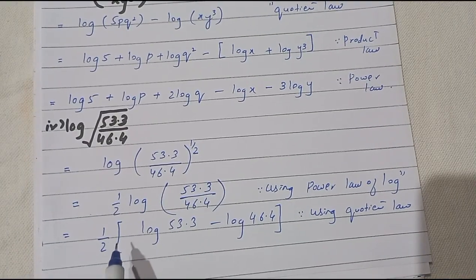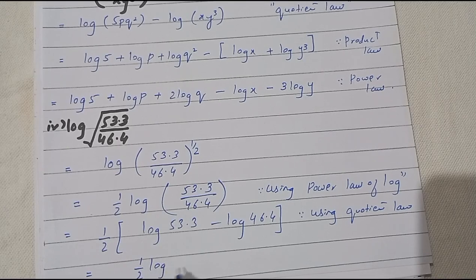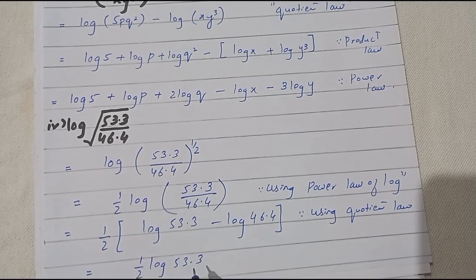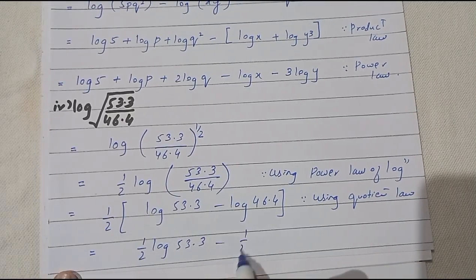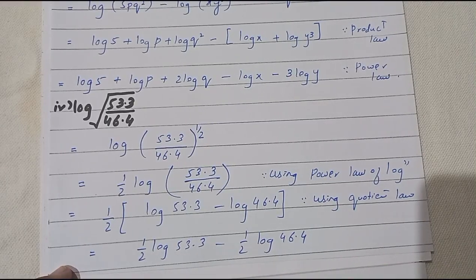So this term is with both log terms, so multiply separately with the log terms, that is 1 by 2 log of 53.3 minus 1 by 2 log of 46.4, which is the required answer.